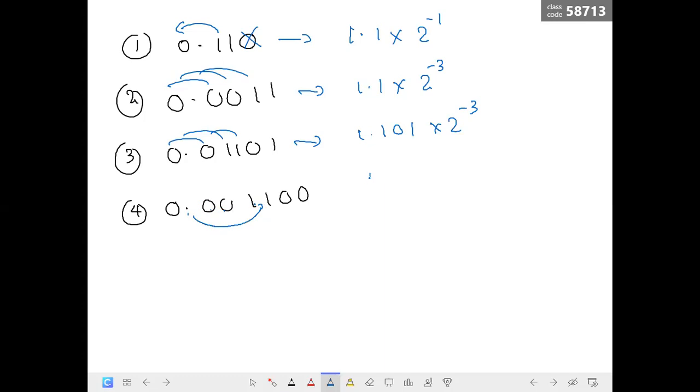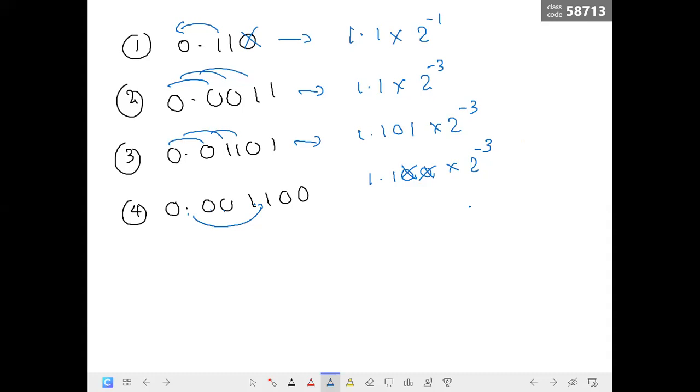Then 1.100 times 2 to the power minus 3. It's okay, no? Sorry. Actually, we don't need this one. We can write like this.